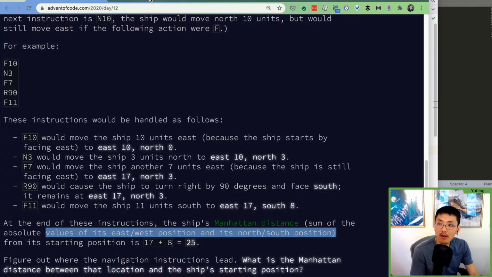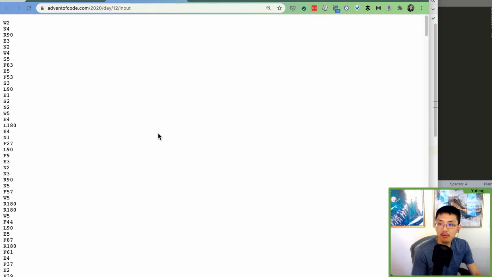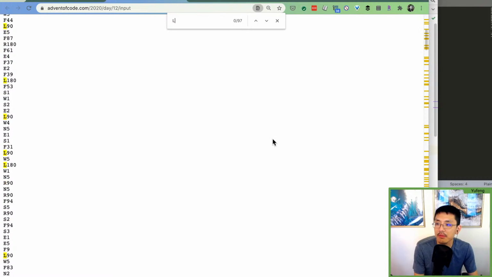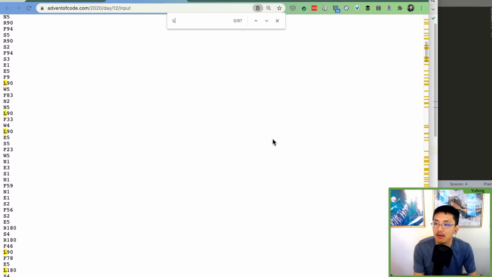I'm hoping that all of the stuff that follows L or R are multiples of 90. Let's find out. Oh, this is a long file and there are a lot of L's. But it looks like that is the direction this is headed. And there's always a single letter before the number.